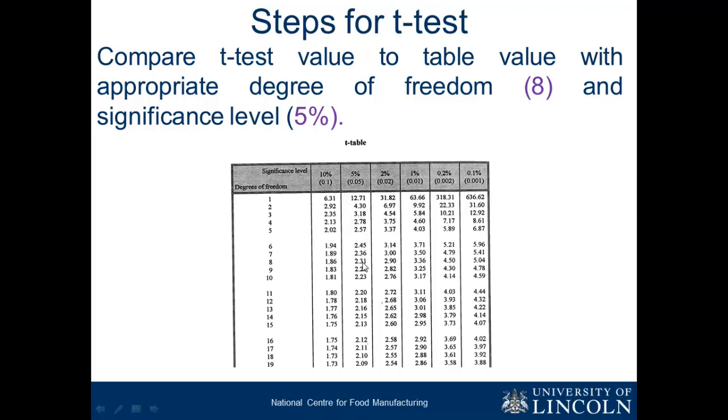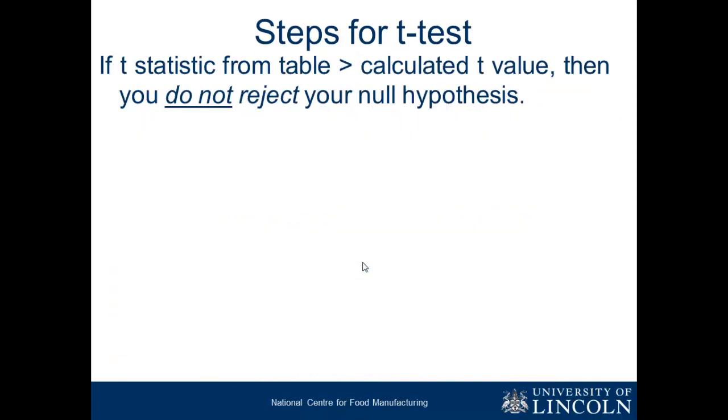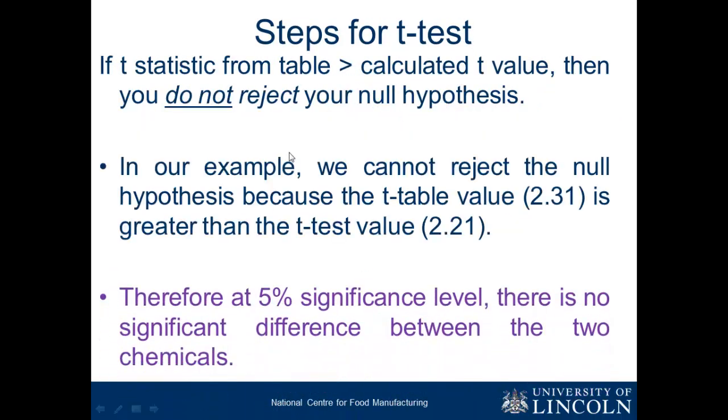All we now need to do is to compare the table value with the calculated value. And don't forget, you need to remember that if your t-statistic from the table is greater than the calculated t-value, then you do not reject your null hypothesis.